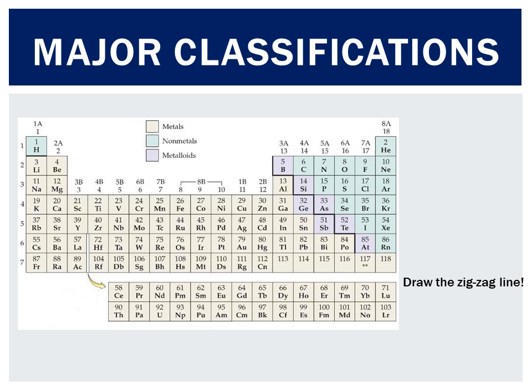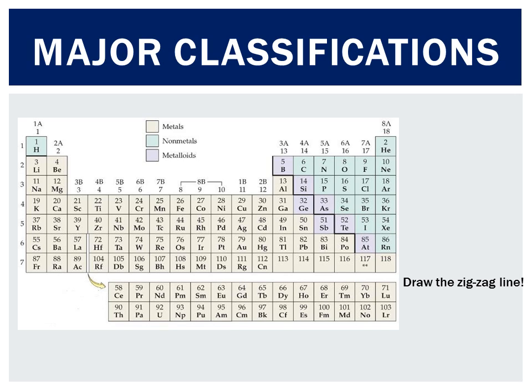So there are major classifications within the periodic table. It falls into 3 groups: metals, which are on the left of the periodic table; non-metals, which are to the right of that zigzag line; and metalloids, which are found along that zigzag line, immediately on either side of the line.